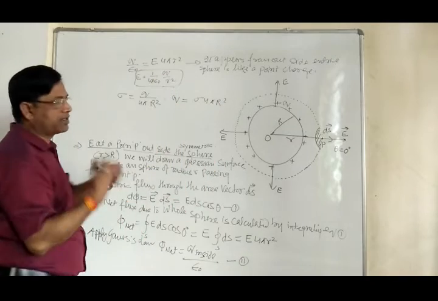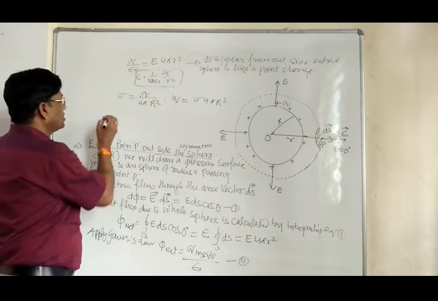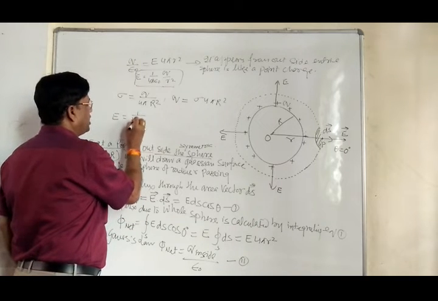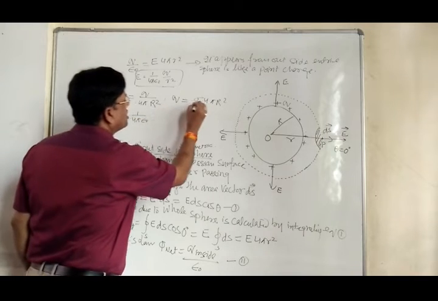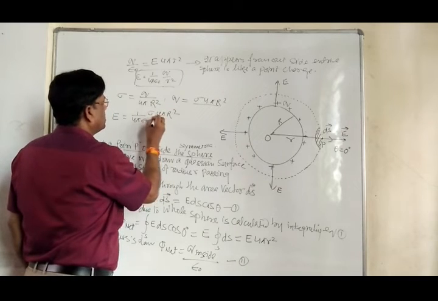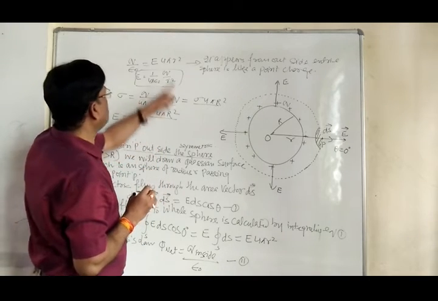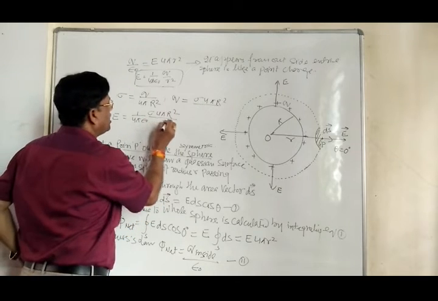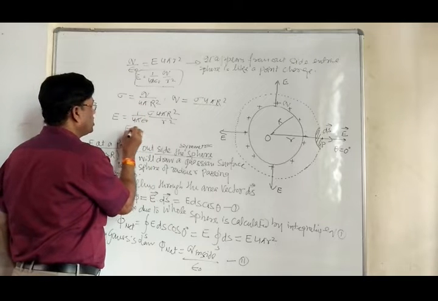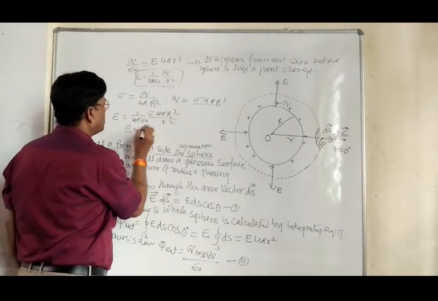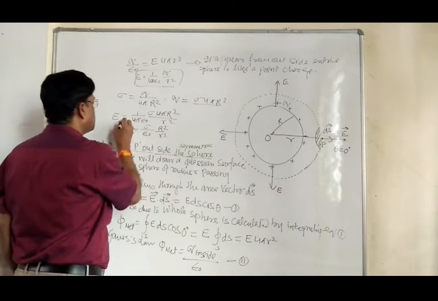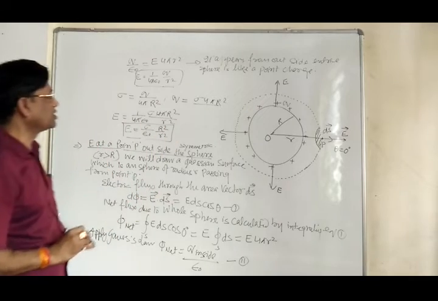Put this value here and you will get another form of E. E is equal to 1 upon 4π epsilon naught, times sigma 4π R squared upon r squared. Then 4π and 4π cancel. Then E is equal to sigma upon epsilon naught times R squared upon r squared. This is another form of this equation.